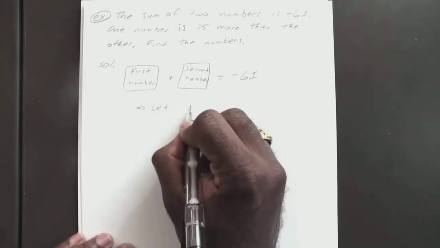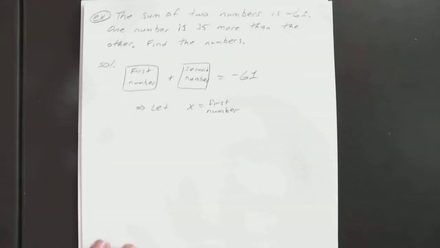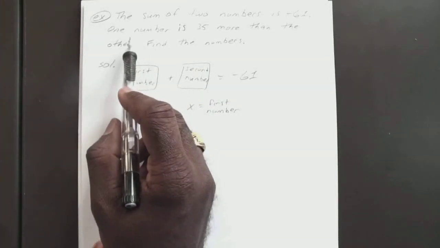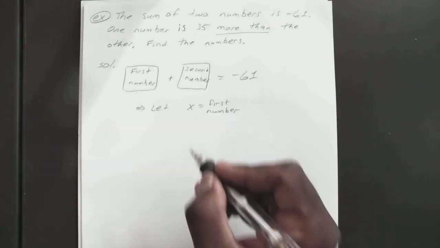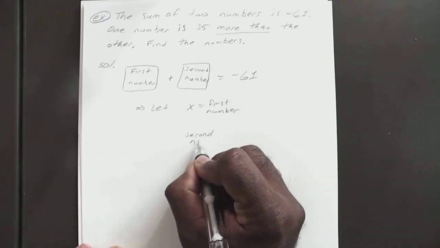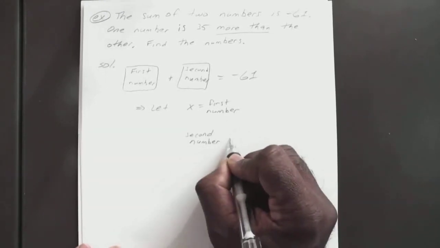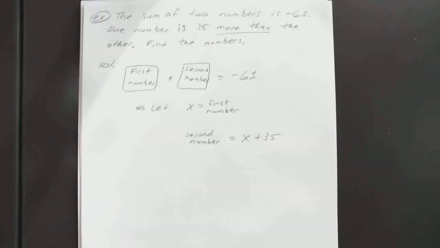So we'll let x equal the first number. Okay? So if our first number is x and the other number is 35 more than, you know that more than means plus. So we know our second number is going to be x plus 35.